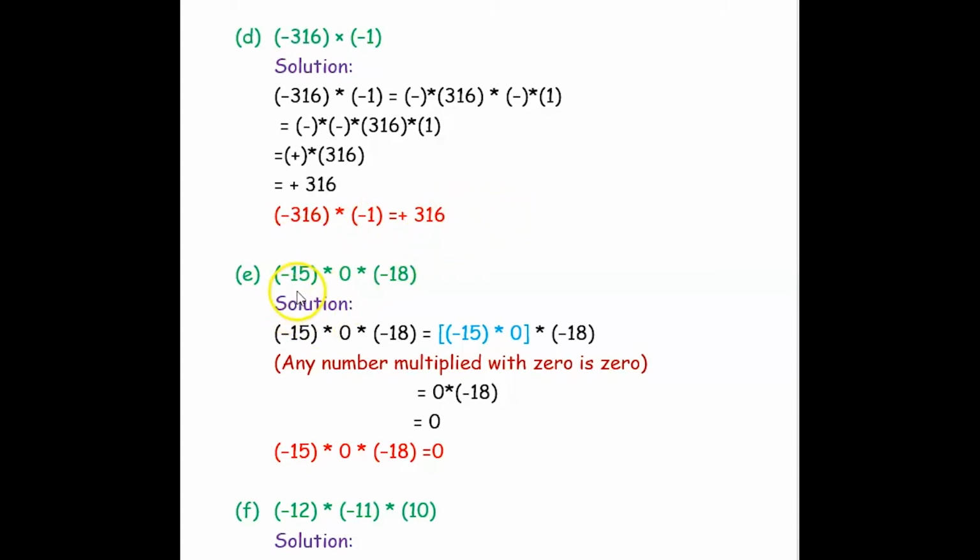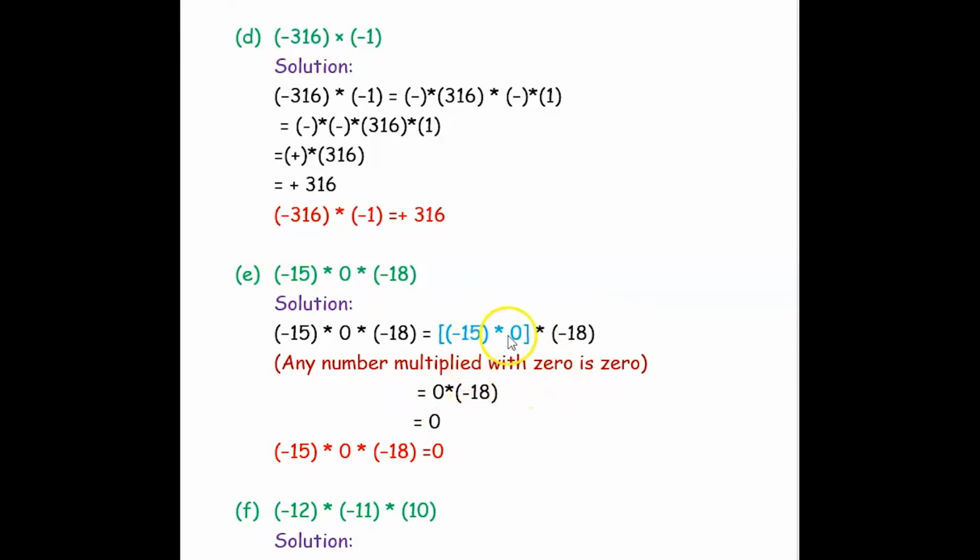Next question is negative 15 into 0 into negative 18. Now we can associate the numbers using the associative property. I am associating like this: negative 15 into 0 in the parenthesis and then multiplying by negative 18. We know that any number multiplied with 0 will be 0.